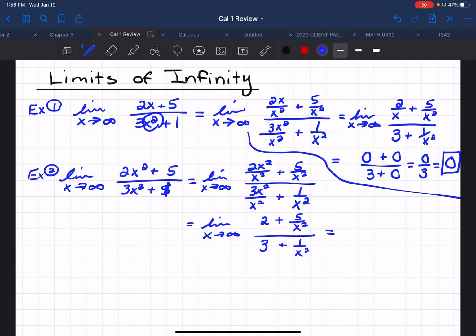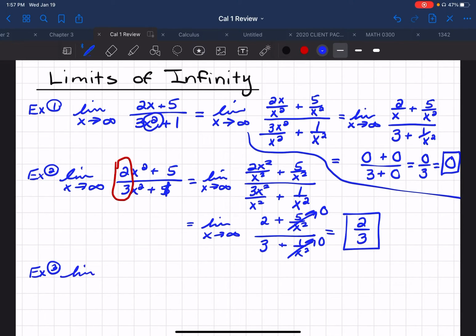Now, when I evaluate the limit, this is going to go to 0, and this is going to go to 0, which will leave me with just 2 over 3, which just happens to be the ratio of the leading coefficients. So if your degrees are the same, you're always going to end up with an answer of the ratio of your leading coefficients.